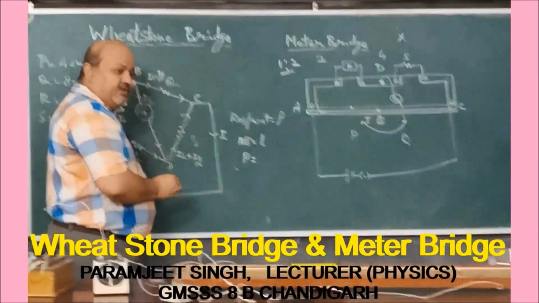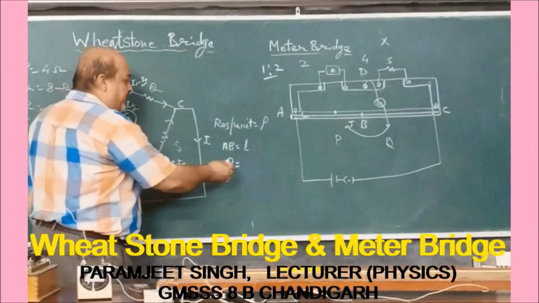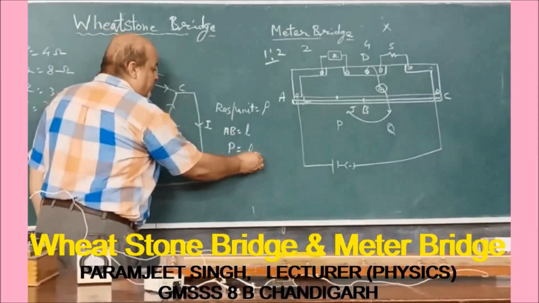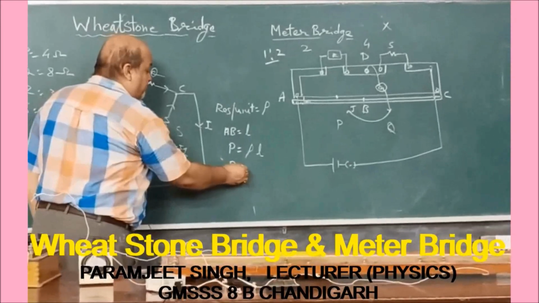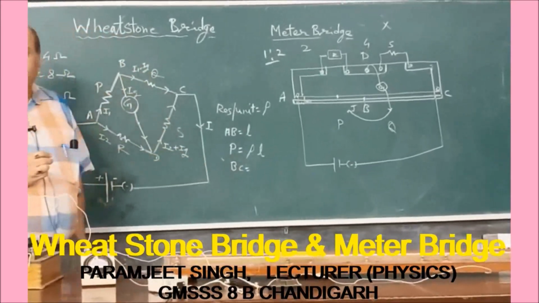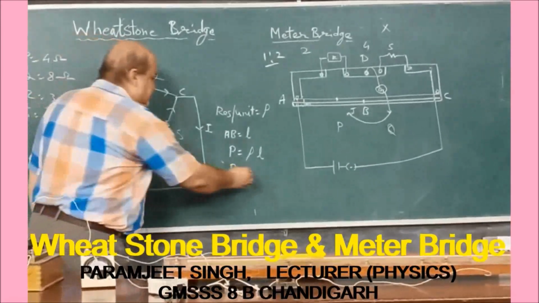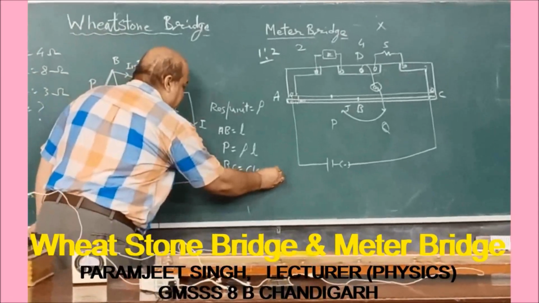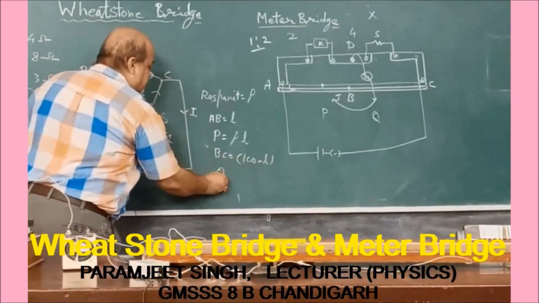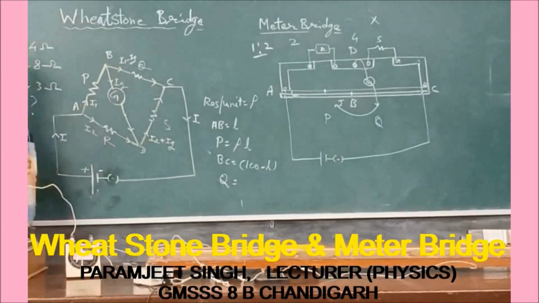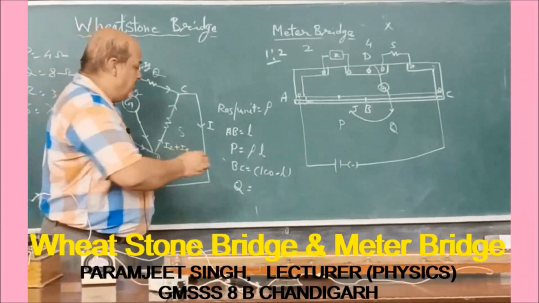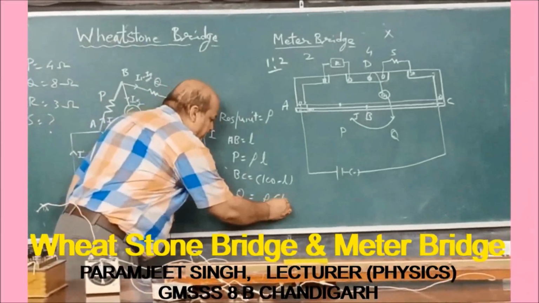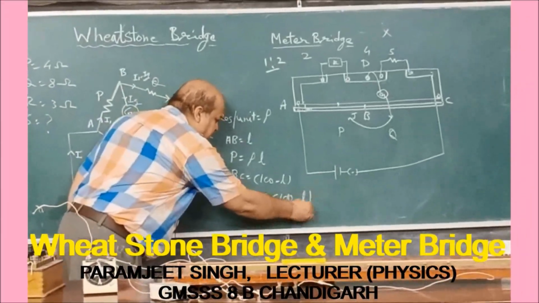That is P. P will be rho into L. Now, what will be the length of BC? The wire is 100 centimeter, so that is 100 minus L. The resistance of BC is Q. Q will be rho into 100 minus L.